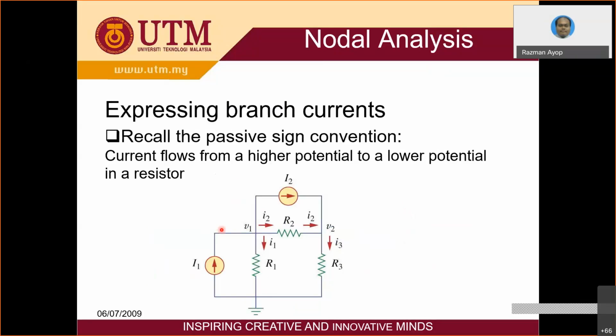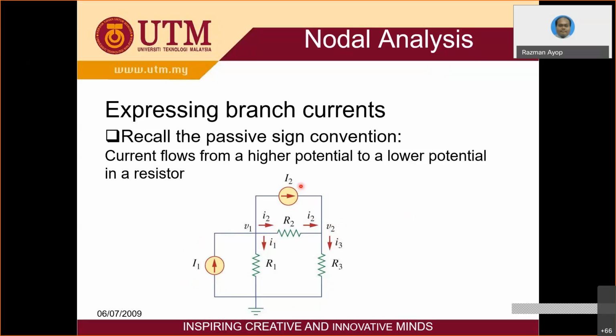After you assign node voltage 1 and node voltage 2, you have to assign the current direction. You will use a consistent current direction. You cannot change it during the calculation. If you change, you have to do the nodal analysis again. For the current source, you don't need to assign a current because it already has the direction.